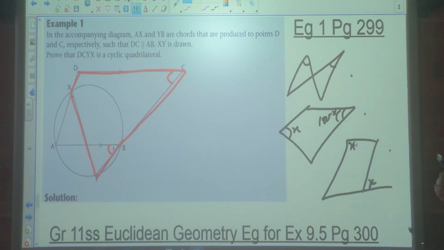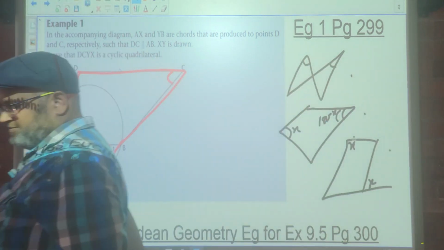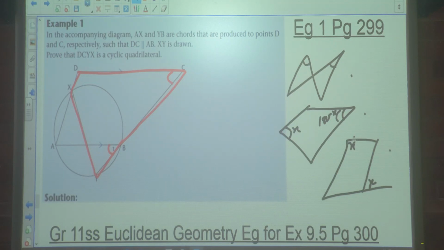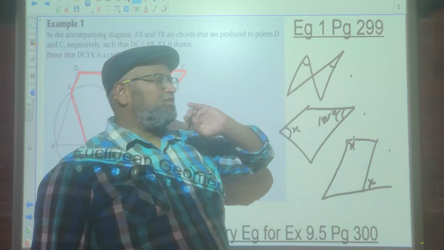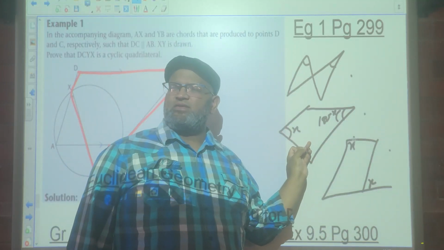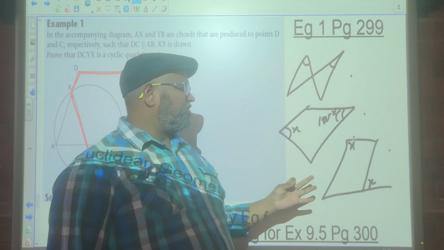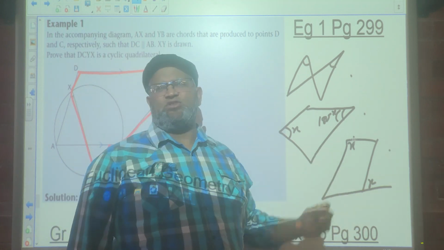Okay, so now you must write this down like that. Again, to prove something is cyclic, you either prove the converse of angles in the same segment, or the converse of opposite angles of a cyclic quad is supplementary, or the converse of exterior angle of cyclic quad is equal to the interior opposite.